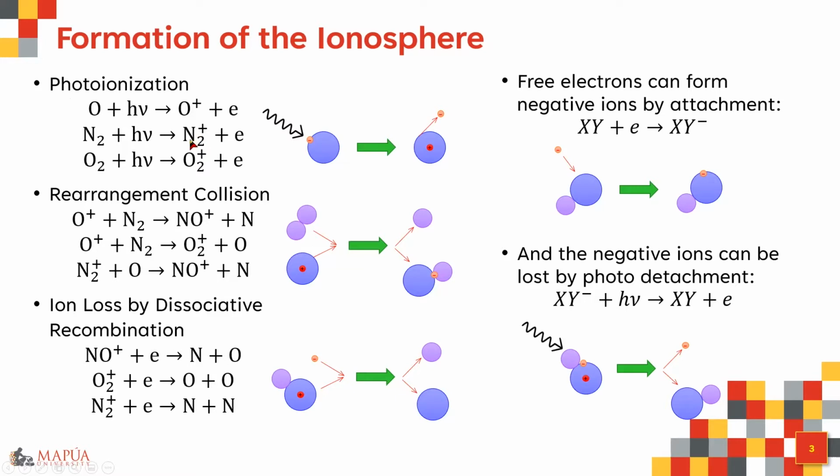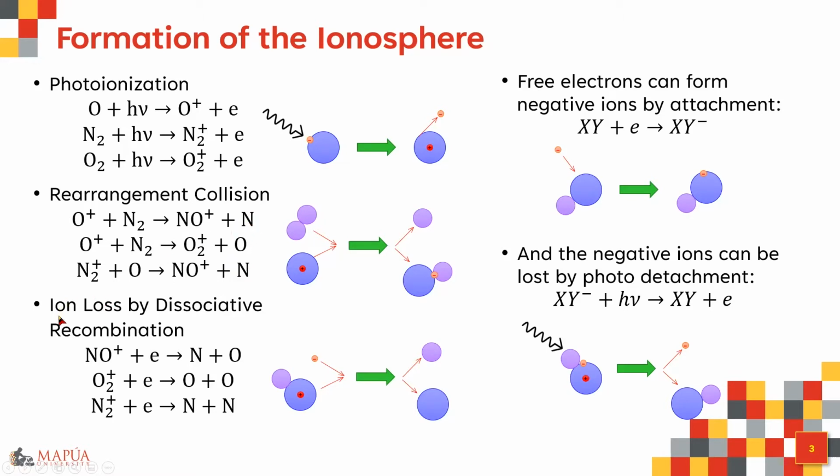But there are other kinds of ionization, such as rearrangement collision, wherein a neutral gas collides with positively charged ions, thus forming positively charged ions and another set of neutral atoms or atomic gases.